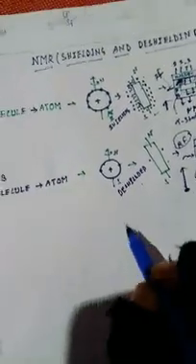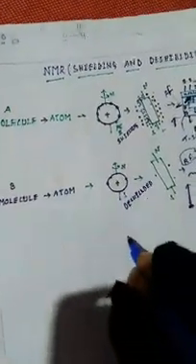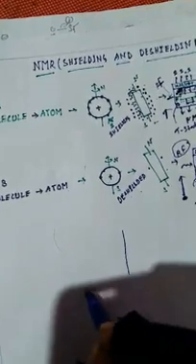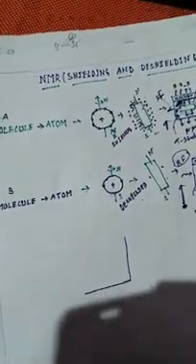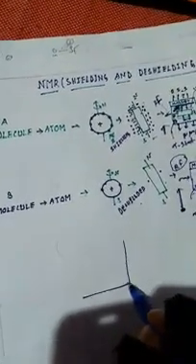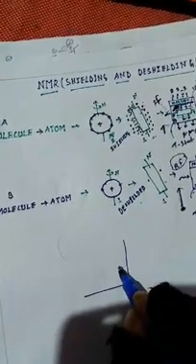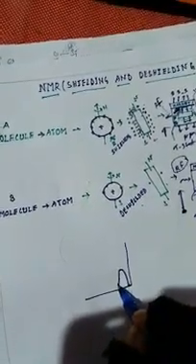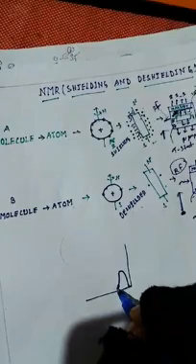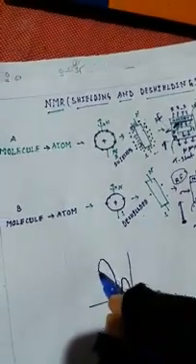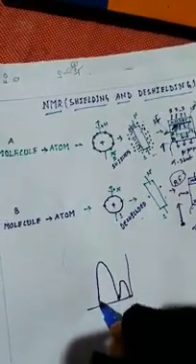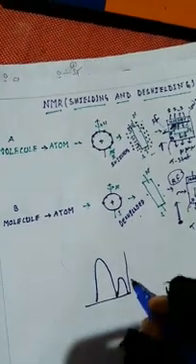So if we represent this shielded and deshielded effect graphically, we can say that, suppose deshielded needs a high amount of energy, and shielded needs a low amount.